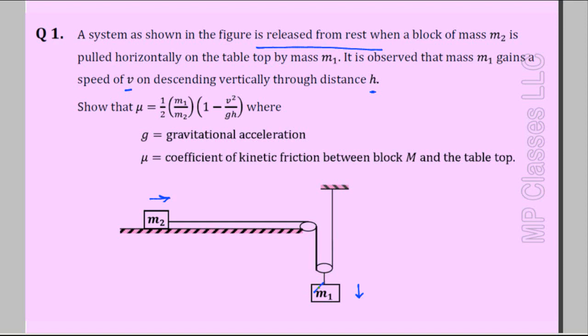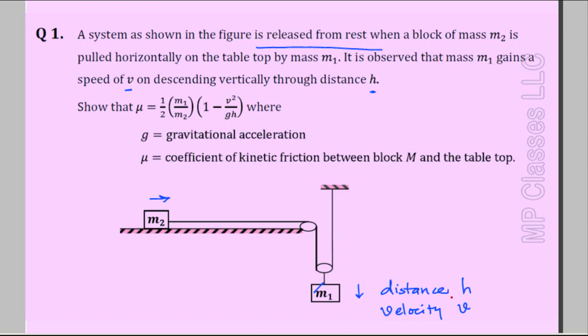So this block M1 moves a vertical distance, which is h, and its velocity is v at the end of descent of h.